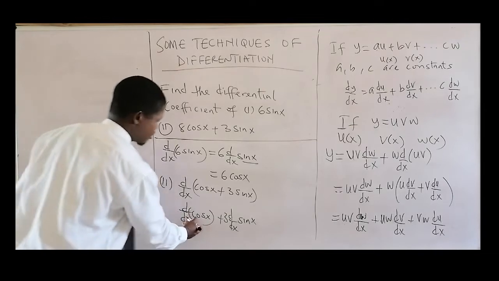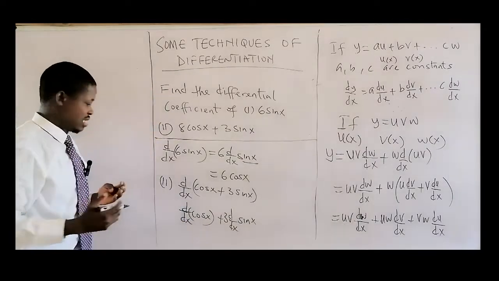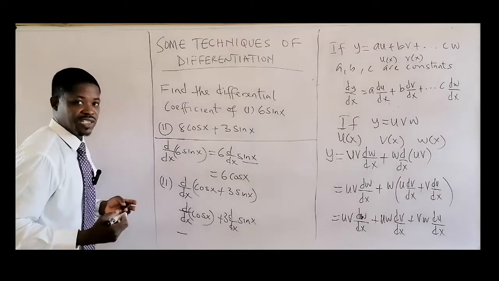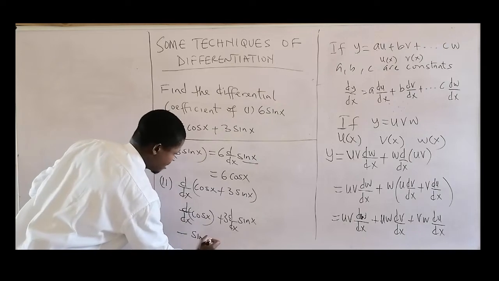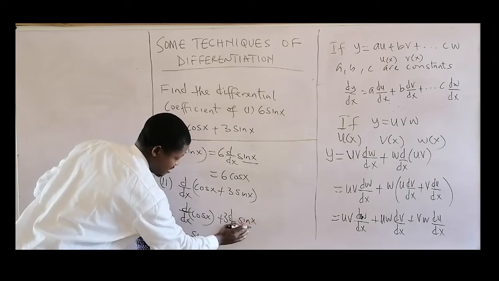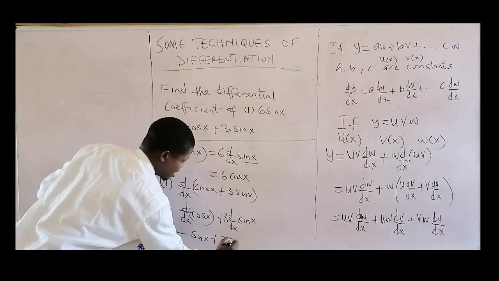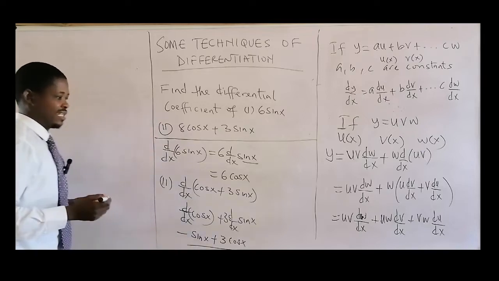As we showed in the previous video, this gives minus sine x plus 3 cos x, because the derivative of cos is minus sine and of sine is cos. So that's that on that aspect.